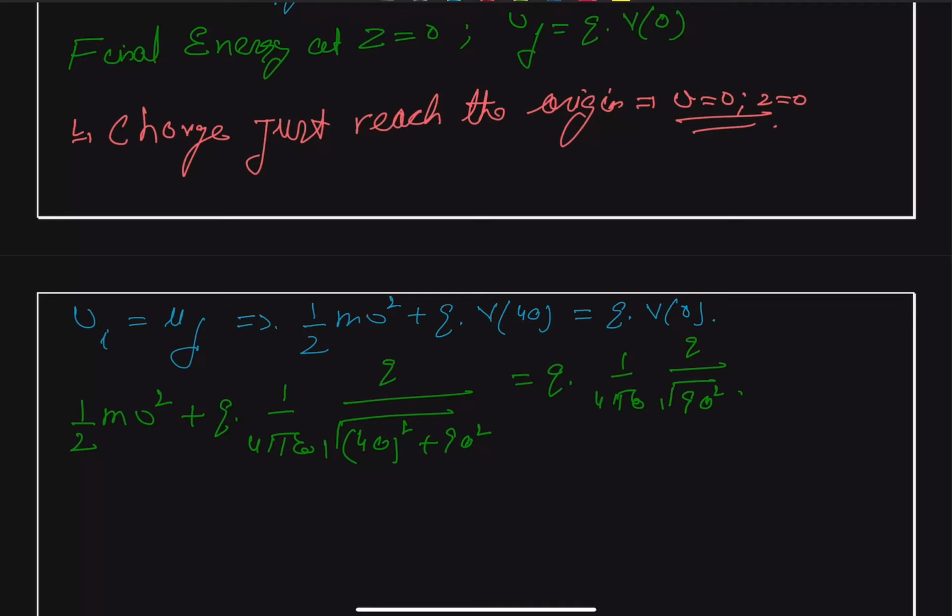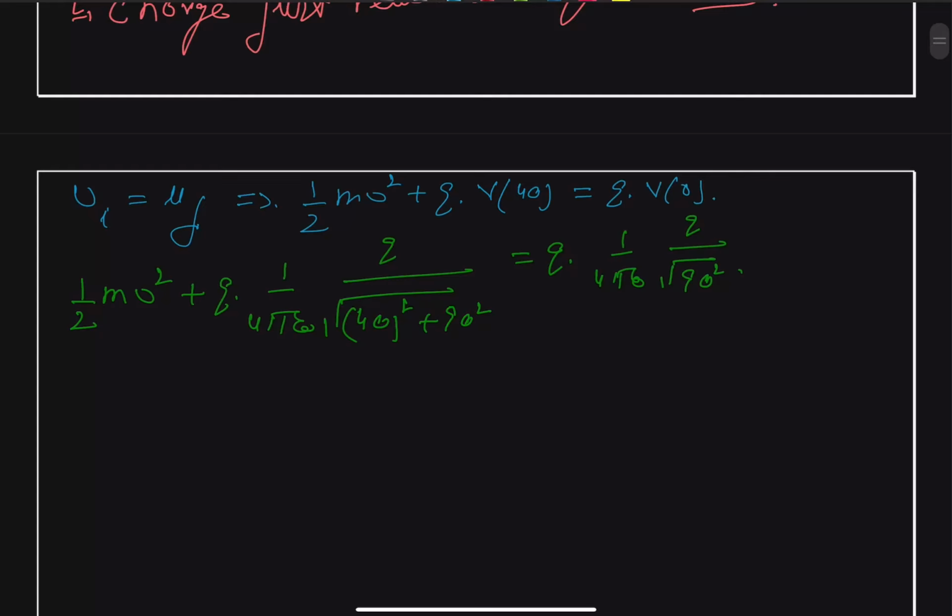Now it is simple calculation. We are interested in velocity. Therefore we can make some arrangement in this equation. So we get half m v square is equal to, we are going to get a factor that will be constant, common, that will be Q square upon 4 pi epsilon naught, and this will be 1 upon 3a minus, this comes as 16 plus 9, that is 25a square, giving us 5a.